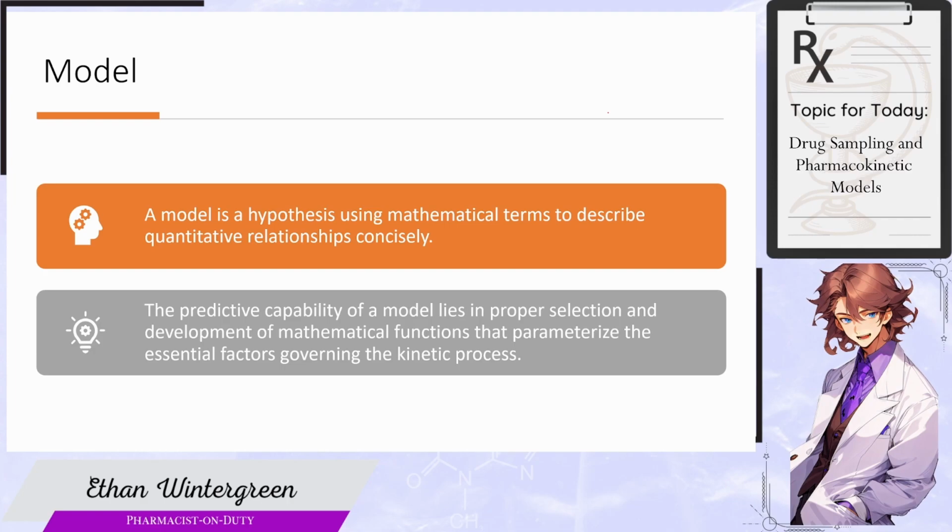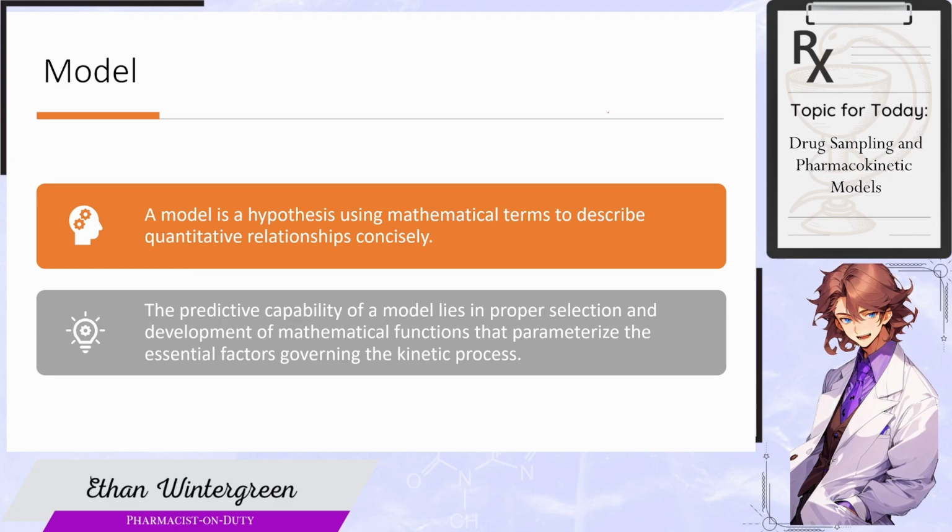You might have already observed different models. We have economic models, we have models to show predictions. The type of model we use here in biopharmaceutics and pharmacokinetics is called a pharmacokinetic model, since it uses pharmacokinetic parameters.